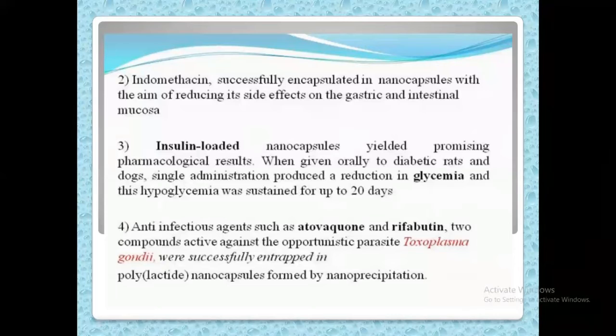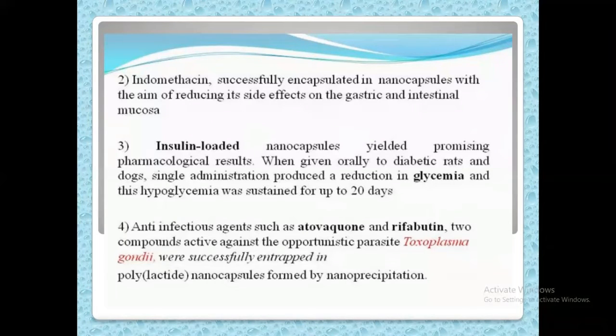Then indomethacin, it is a drug. Indomethacin was successfully encapsulated inside a nanocapsule with the aim of reducing its side effects on the gastric and intestinal mucosa. Indomethacin is given for some kind of ulcer. When it is given to the stomach directly, it has side effects on gastric juice secretion, and the intestinal mucosa will be damaged.